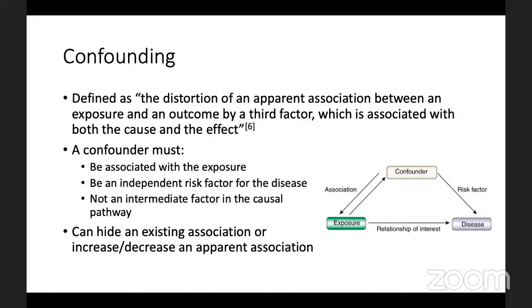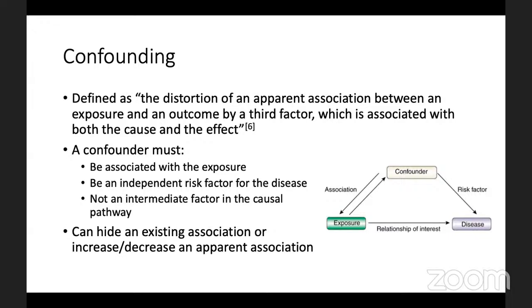Firstly, it must be associated with a dependent variable. So in other words, it must be unequally distributed between the exposure groups and non-exposure groups. It must be an independent risk factor for the disease, and it mustn't be an intermediate factor in the causal pathway. So confounding variables result in over or underestimating the impact of your independent variable on your dependent variable.